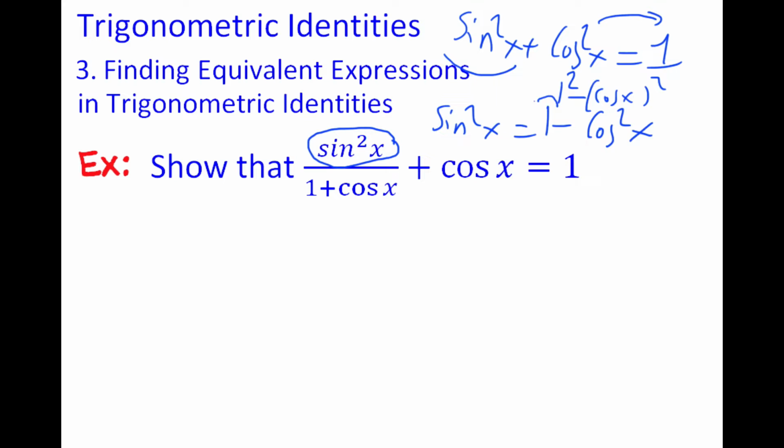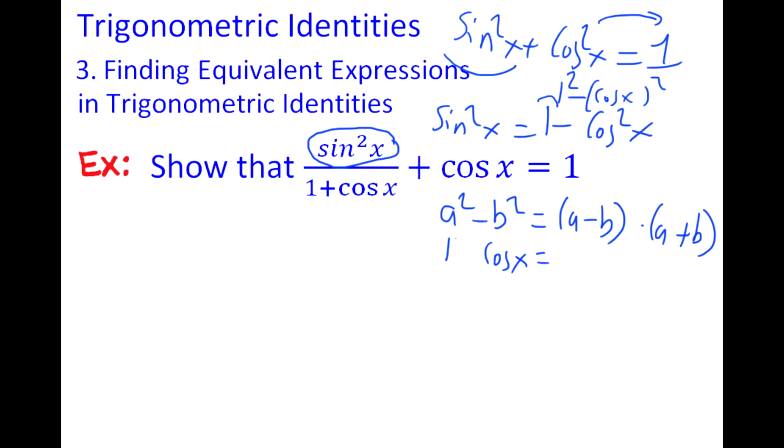And that reminds me of one famous algebraic equation, guys, which is, if you remember, a square minus b square. What was it? This is, guys, a minus b times a plus b, guys. So here we can suppose that a is 1, b is cosine x. So how can we write it? These are squares, right? So we're going to have 1 minus cosine x times 1 plus cosine x.